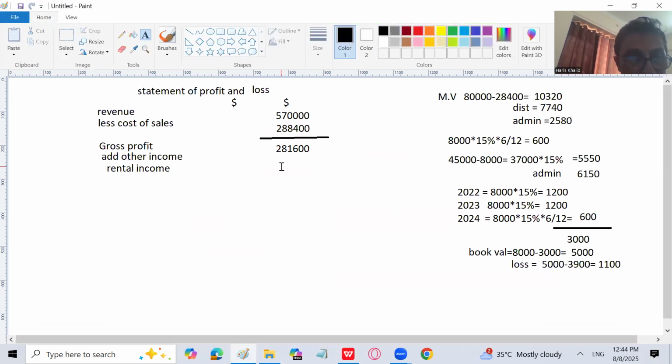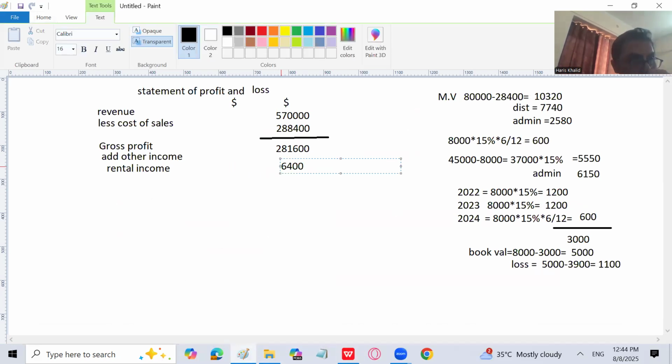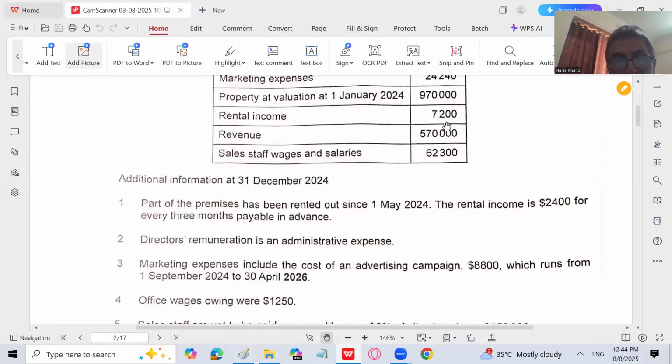Now take it in some other way. We have a rental income of 7,200, right? And we are receiving the income 3 months in advance. So we have received May, June, July, then August, September, October. In October, we have received the income for the 3 months of November, December, and January.